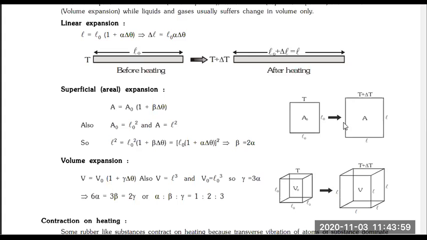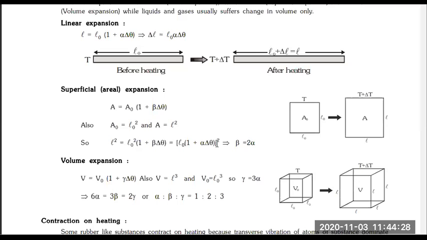We are taking a square for our convenience, but we can take any surface. So the formula we will see here is (1 + alpha delta t) whole square, so it will be 1 + 2 alpha delta t + (alpha delta t) whole square, but this coefficient of expansion alpha will be so small that it will be neglected. So we'll be left with 2 alpha delta t.